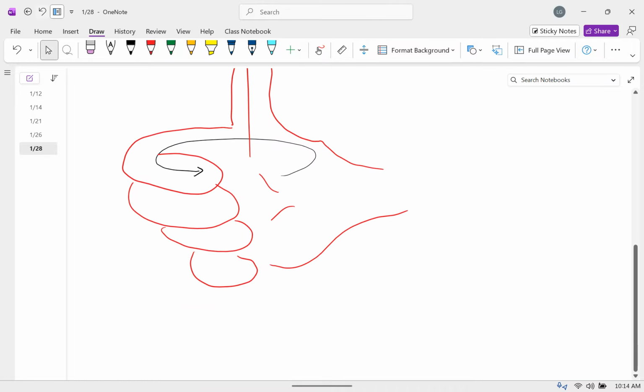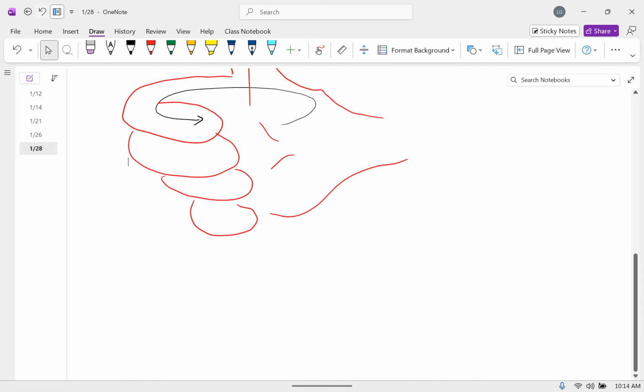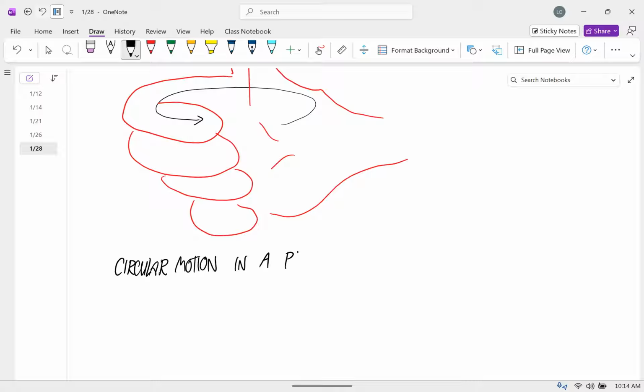Okay, now what about if you have spherical motion instead. So circular motion is happening in a plane. Spherical motion is just, you can imagine it as motion around the shell of a sphere.